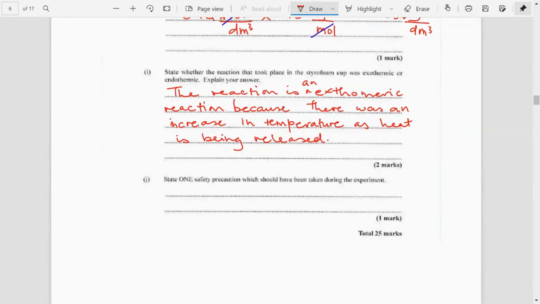State one safety precaution which should have been taken during the experiment. You wear gloves. Wearing of PPE, your personal protection equipment.